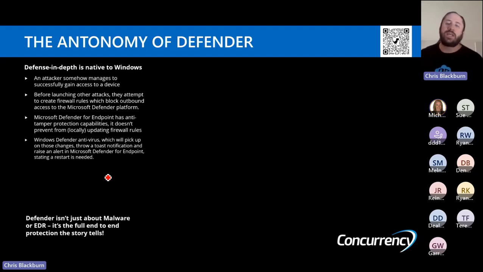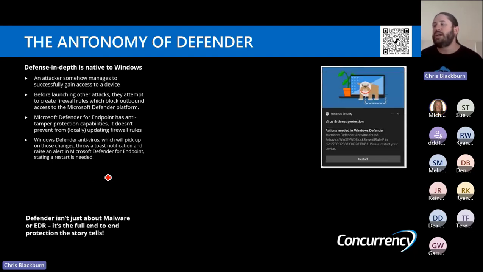And because of the close connection of services like Sense UI being able to communicate with the Defender services, the antivirus picks up those changes, and on that machine you see a toast notification because someone was trying to tamper with it. Because that happens, it's going to prompt them and force them to run a restart.